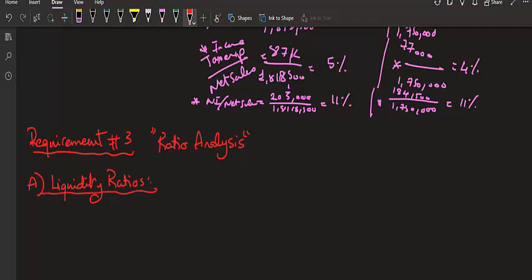it includes, number 1, the current ratio equal to the current assets divided by the current liabilities.